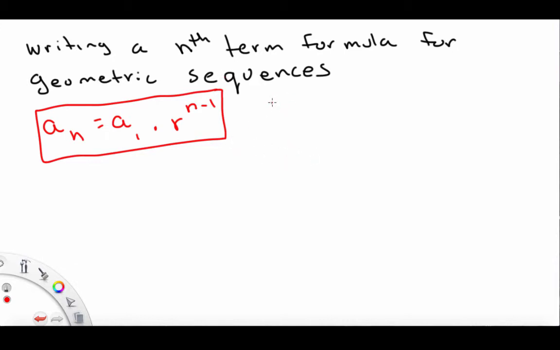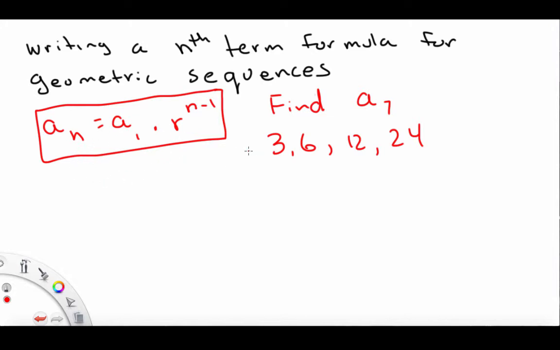Let's say, letter D, find a sub 7, the term a sub 7, for the same sequence: 3, 6, 12, and 24. First we need to find a sub 7 for this sequence, then plug what we get into our nth-term formula.